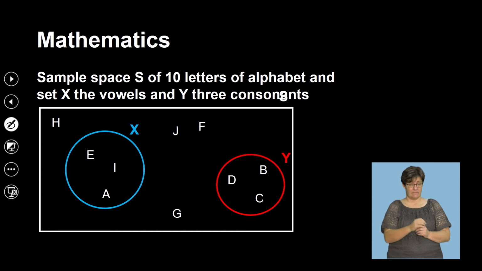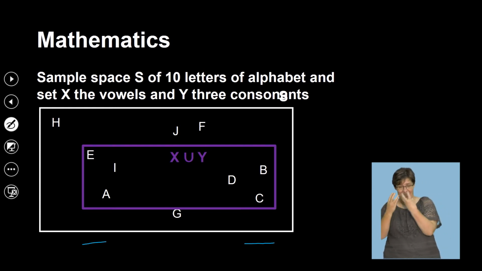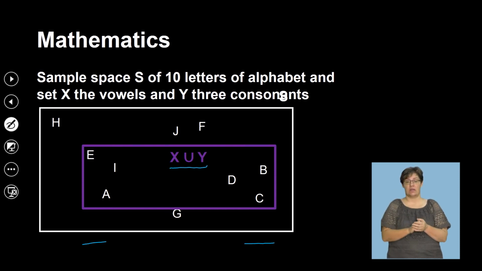There we've got the first 10 letters of the alphabet, and we've extracted the vowels over here for the set X, and we've extracted the first three consonants for Y. Now, what I want you to see is that the union of these two will look like that. It contains everything that was in X and everything that was in Y, and so we've written it as X union Y.